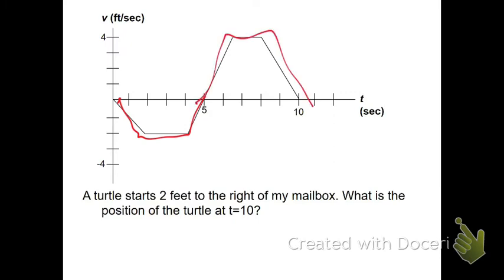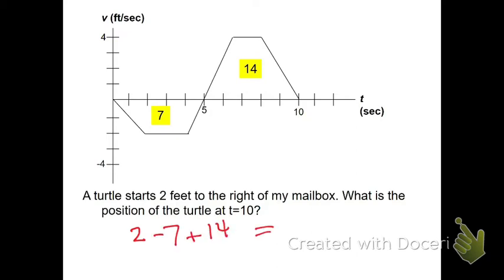But how far did they go left and right? That's the area under the curve. So you would figure out those areas, area of a trapezoid, and at t of 10, it would be my starting position of 2 minus the 7 and plus the 14, and my new position would therefore be 9 feet right of my mailbox, if I did my math right, okay?